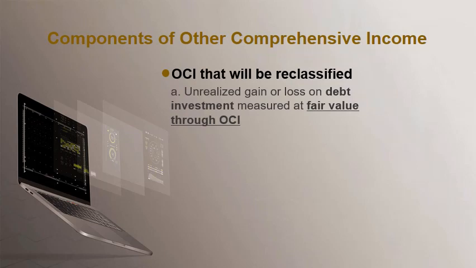Debt investment measured at FVTOCI. Pag meron ng sale, actual sale of the debt investment, nare-recognize na natin or nare-reclassify na natin yung any cumulative unrealized gain or loss na na-recognize natin on that investment sa profit or loss.